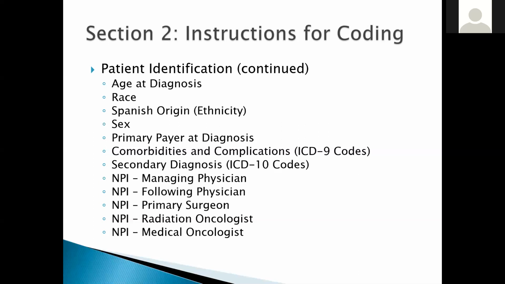ICD-9 and ICD-10 codes were recorded very differently. So I have taken the ICD-9 comorbidities and complications out of my manual so I don't accidentally use them. We need to assign the ICD-10 codes from the secondary diagnosis section.